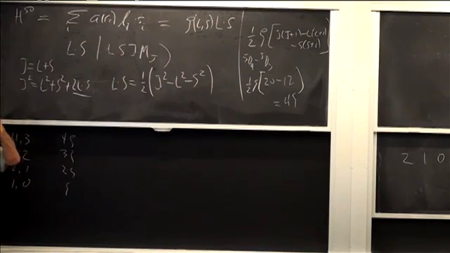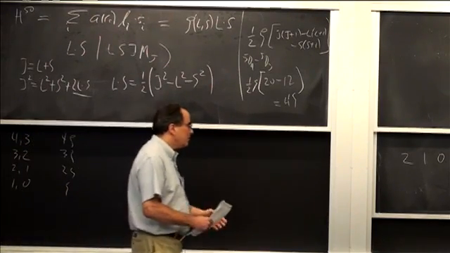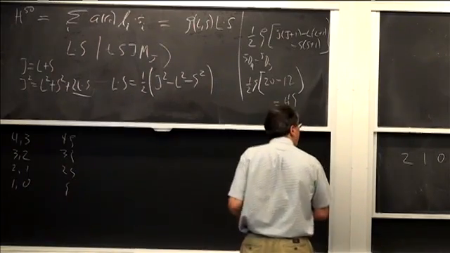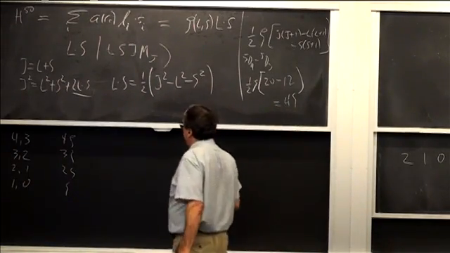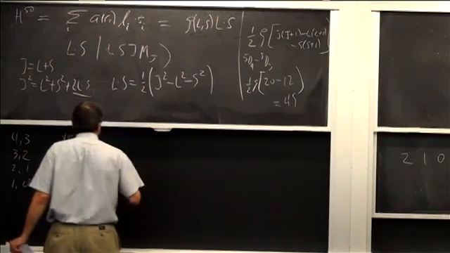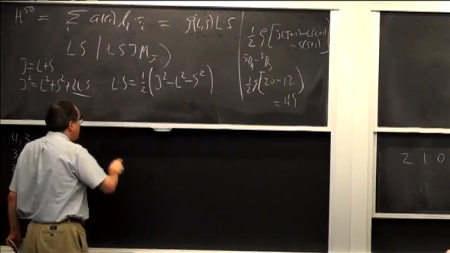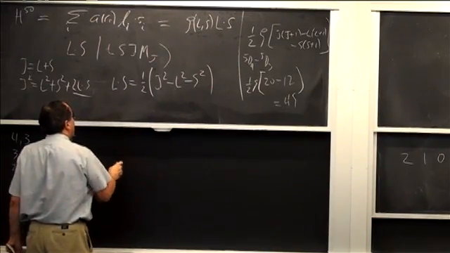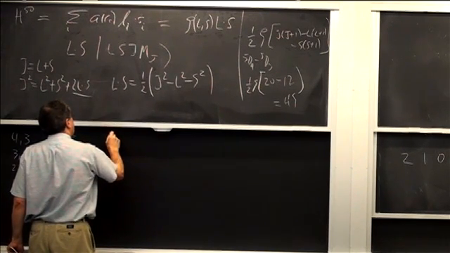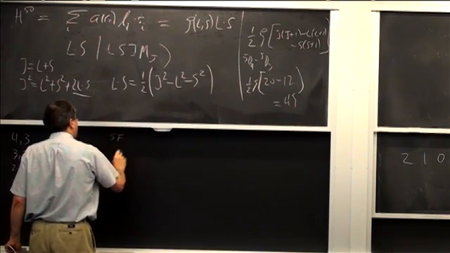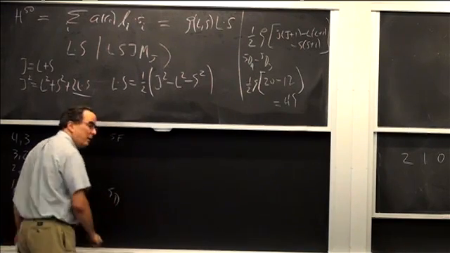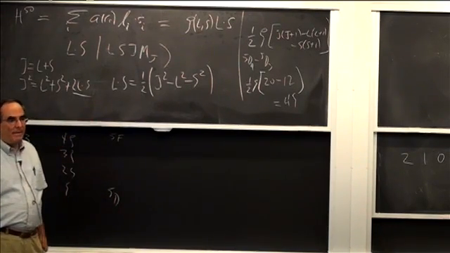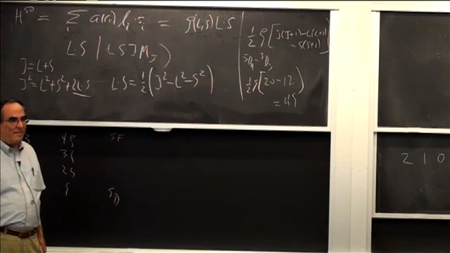Okay, so now suppose we're going to look at a quintet F to quintet D multiplet. Yes. I thought you said last time that in certain of Hund's cases, spin orbit would be diagonal, and in certain it wouldn't.